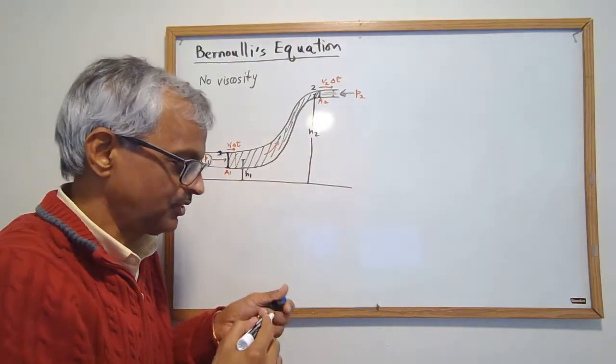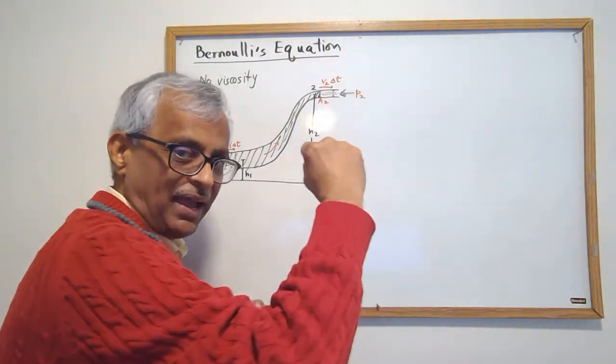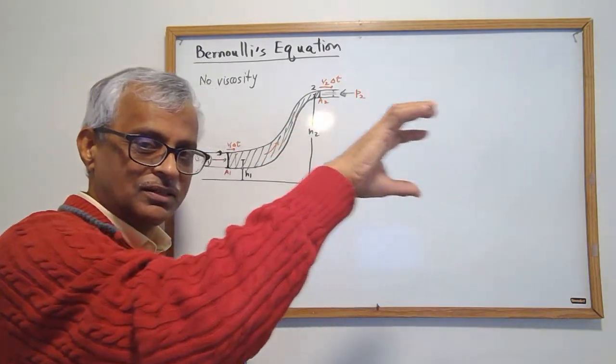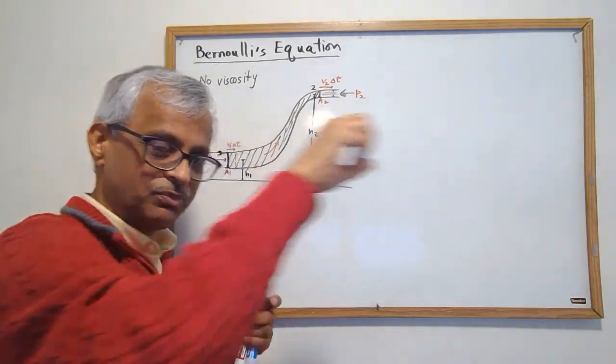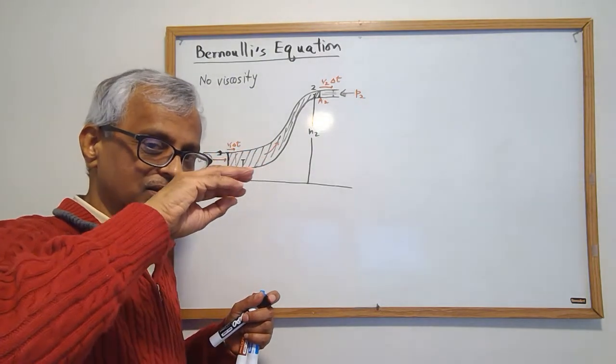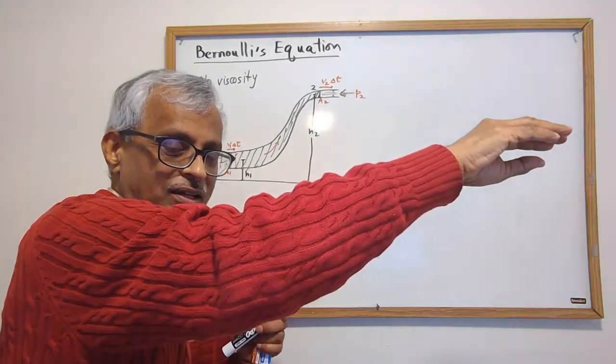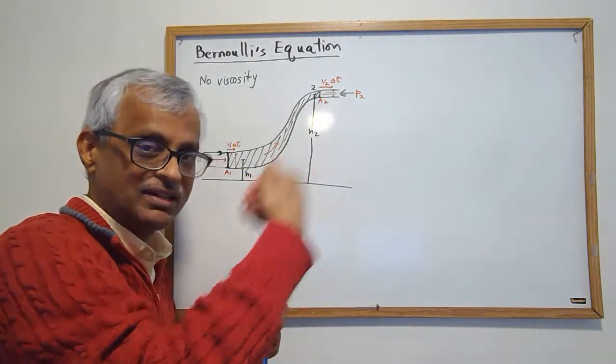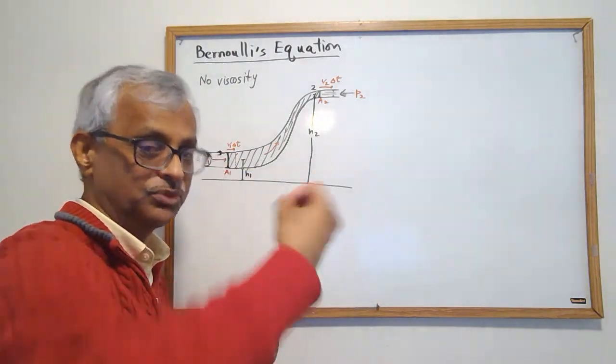The atmosphere is pushing it back, keeping it from flowing, but the fluid wants to go out. So if the fluid is successful in flowing, the atmosphere will have done negative work, taking energy out of the fluid.